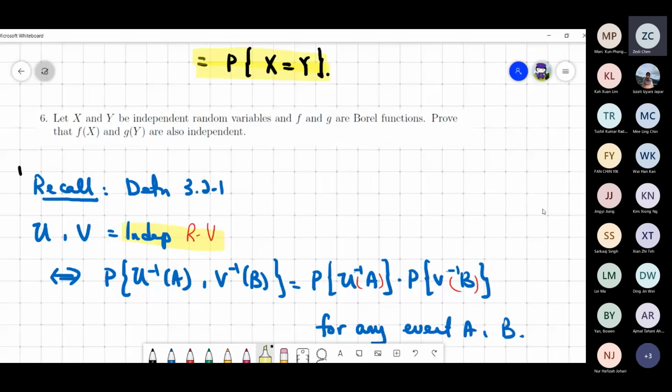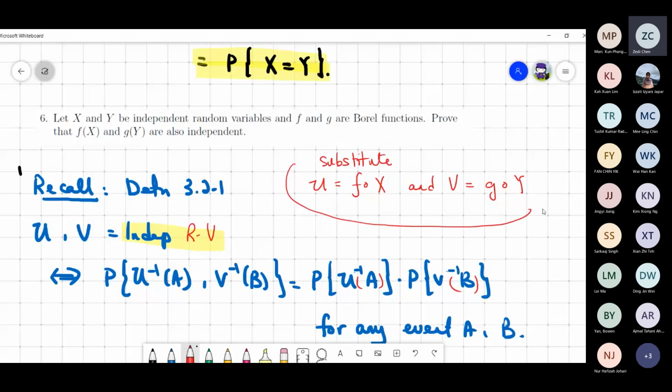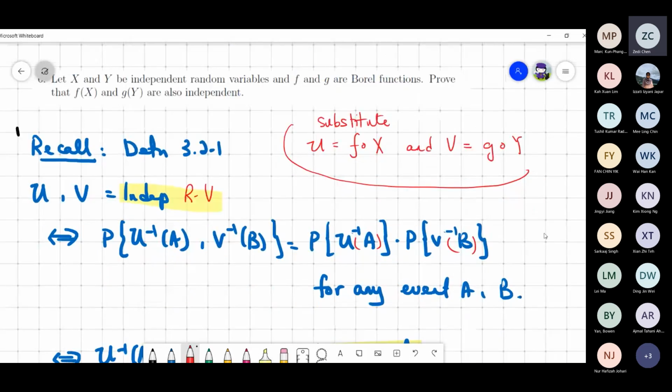So that means I want to substitute U to be F composite X and V to be G composite Y. I want to replace U, V by F(X) and G(Y) here. That's how we apply this definition to solve this problem.